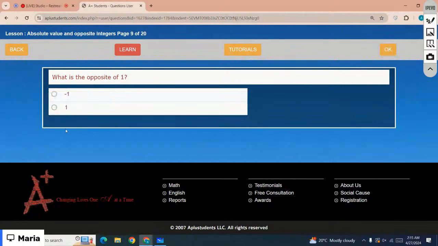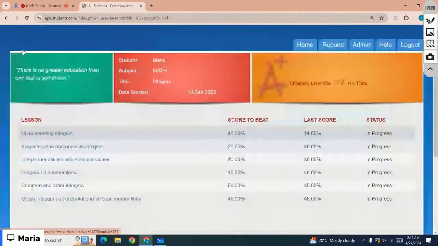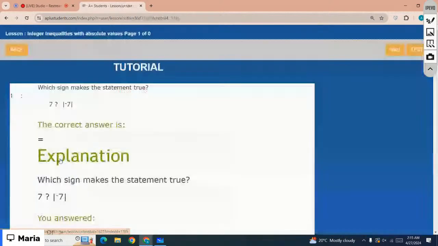The next lesson is integer inequalities with absolute values. Okay, what sign makes the statement true?